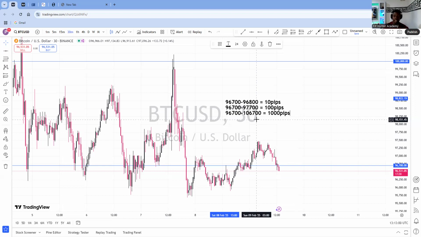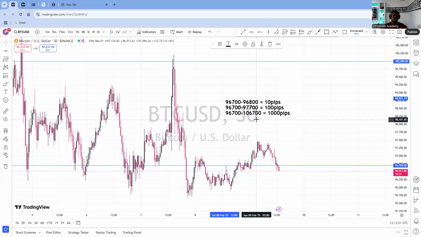All right. If you have this idea in mind, you should be able to calculate any pips on BTC following this simple approach.